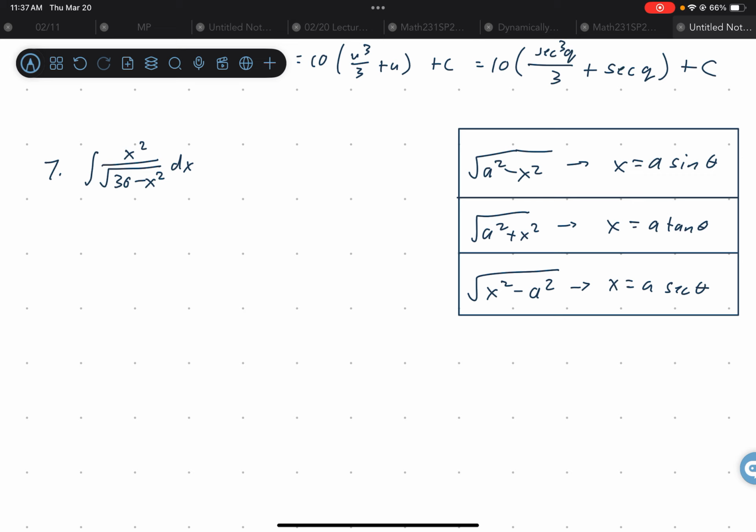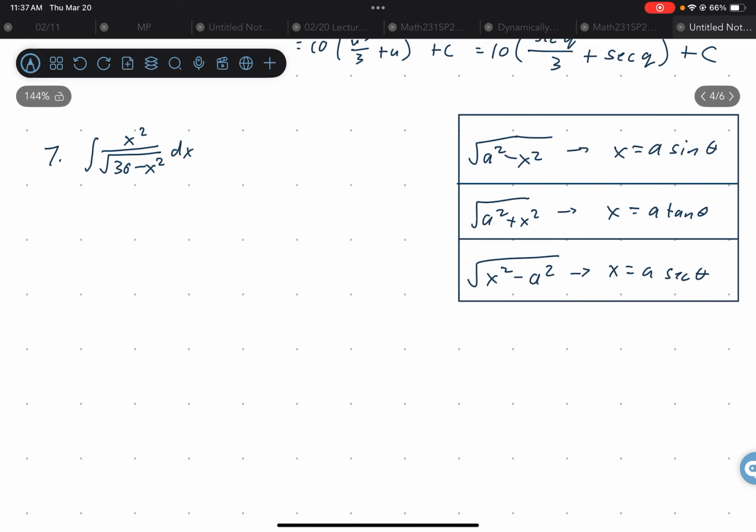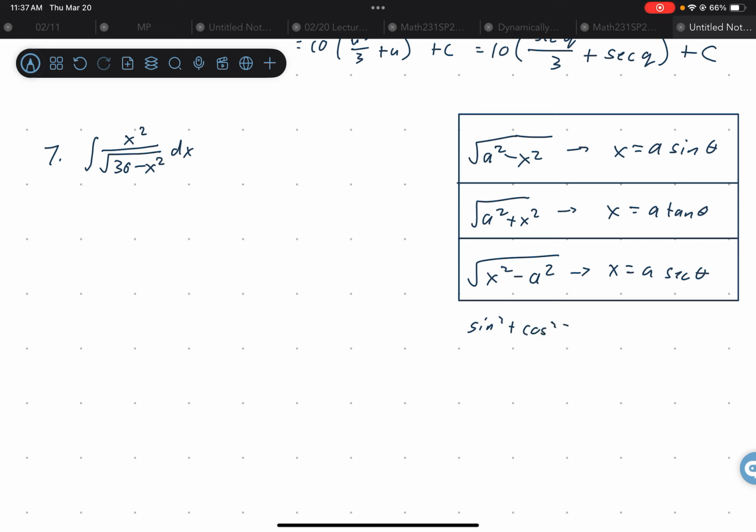And I'll get into this as I do the problem, but the reason for these translations is because of the different trigonometric identities. So you're going to have sine squared plus cosine squared equals 1, and tangent squared plus 1 equals secant squared. So maybe you can see already how these will come into play, but I'll show you in the problem.